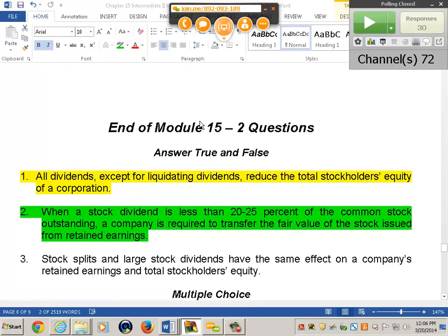This one: same effect on a company's retained earnings and total stockholders' equity. I didn't ask this one because we could argue. Same effect, it's true in total. Nothing happens in total, but remember, what's the difference between a stock dividend and a stock split? In total, nothing changes. But if it's a stock split, it only affects the disclosures, not the numbers, not the dollar amounts.